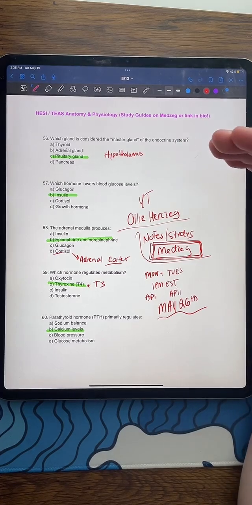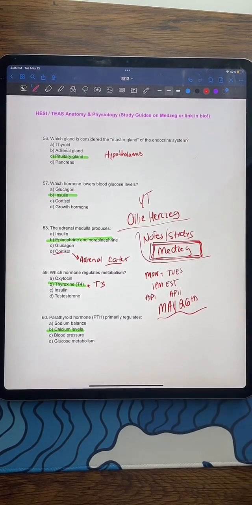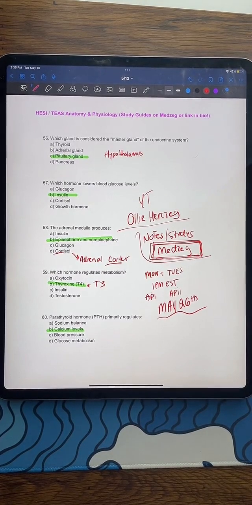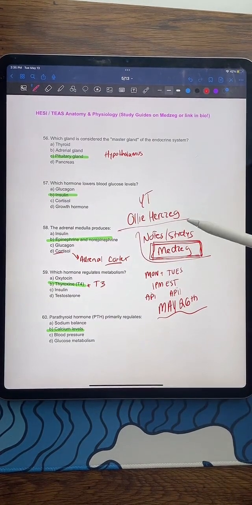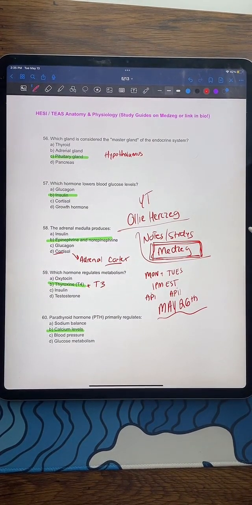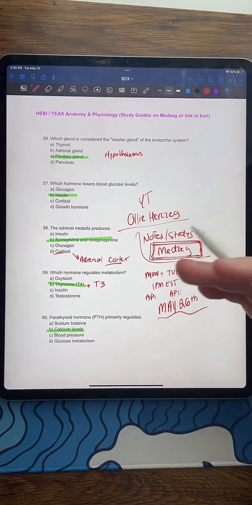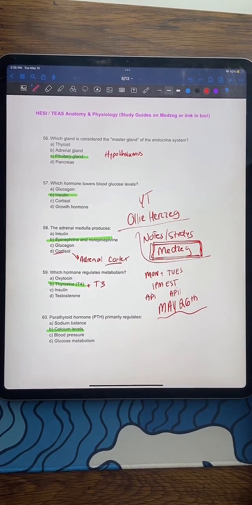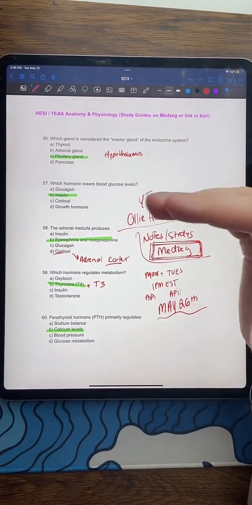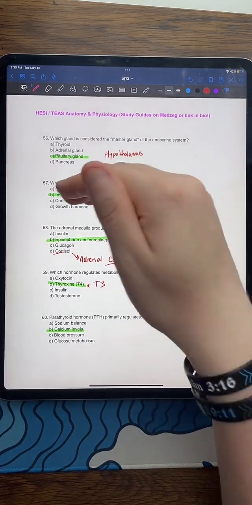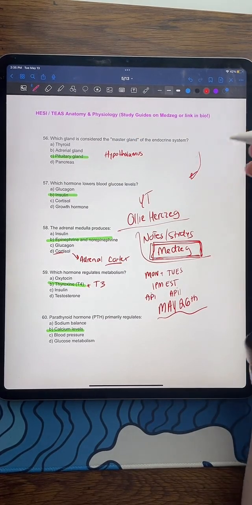So it's a lot more case based instead of straightforward. Instead of just asking which hormone lowers blood glucose levels, you're going to get tested on anatomical location, function, clinical presentation, gross anatomy, a little bit of neuroanatomy, symptoms, medication potentially. So it's more so information from different parts combined into one kind of thing. That's probably the best way to explain it.